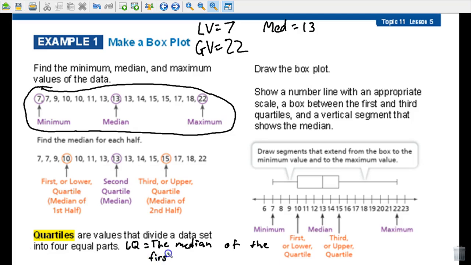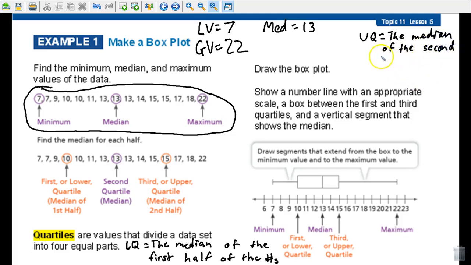UQ, upper quartile, equals the median of the second half of the numbers.